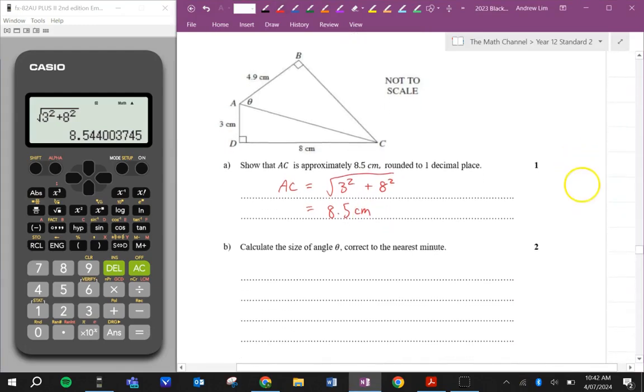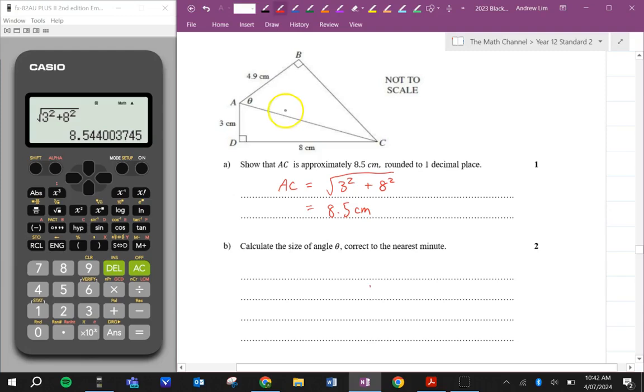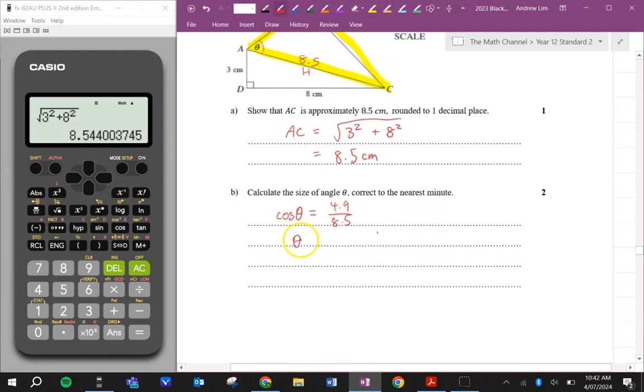Calculate the size of angle theta correct to the nearest minute. So if this is 8.5, and here we've also got a right-angled triangle, 8.5 is the hypotenuse, and 4.9 is adjacent to theta. So we're using cosine. So cosine of theta is equal to adjacent over hypotenuse. So that tells us that the angle theta is equal to the inverse cosine of 4.9 over 8.5.